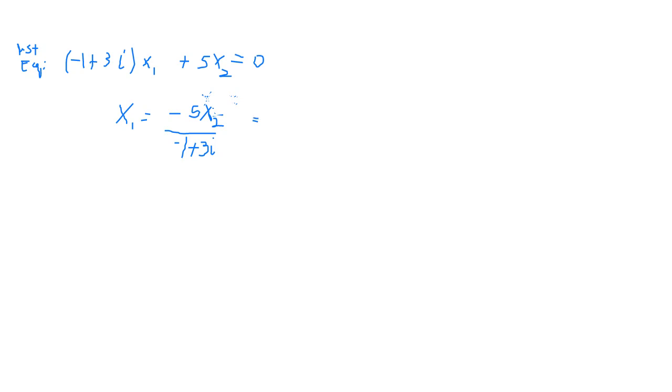Right? But what I'm going to do is multiply, as Solomon says, conjugate it. I'm going to multiply the top and the bottom by the conjugate of -1 plus 3i. Well, it's not 1 minus 3i.